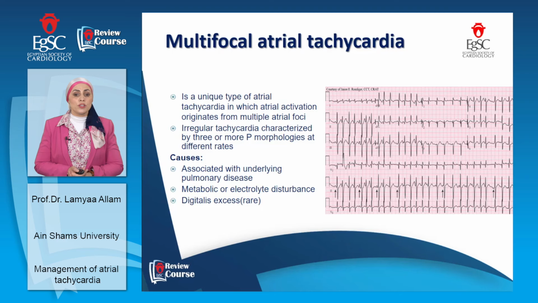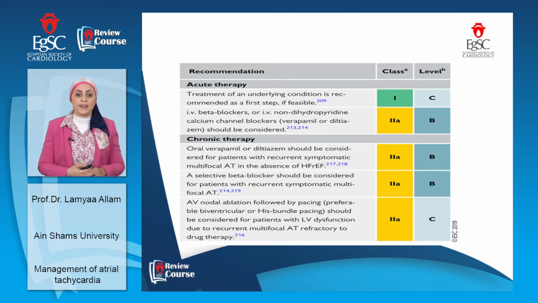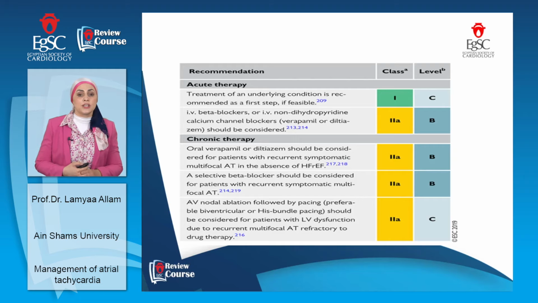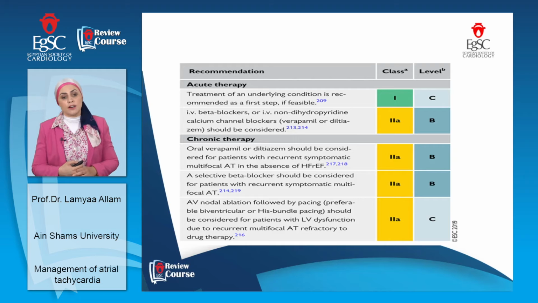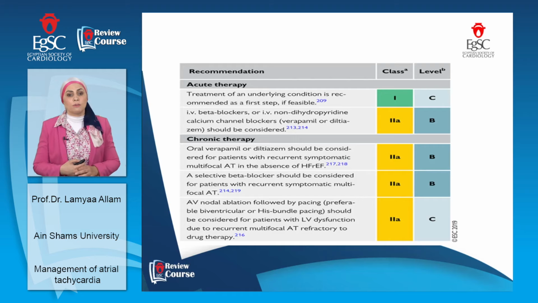So the most important point for management is to treat the underlying cause as a class 1 indication. Sometimes, if the patient is symptomatic from this tachycardia, I can use medications like IV beta blockers or IV calcium channel blockers to produce AV block and control this tachycardia.